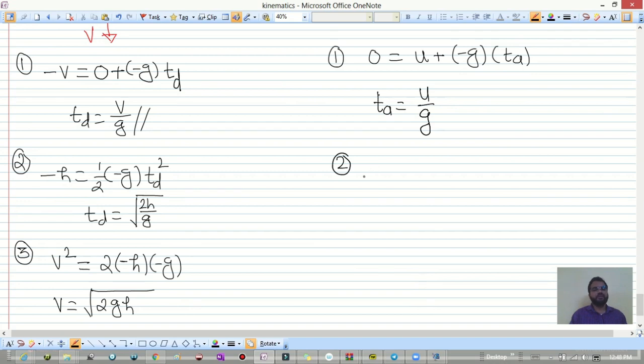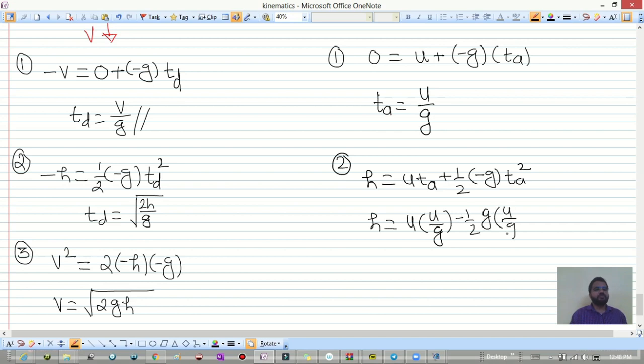Second one, the displacement: h is equal to u into ta plus 1 by 2 into a, where a is minus g, into ta squared. So h is equal to u into, if you put ta as u by g, you will get minus 1 by 2 g into u by g whole squared. If you take u by g common, you will get u minus 1 by 2 g into u by g.